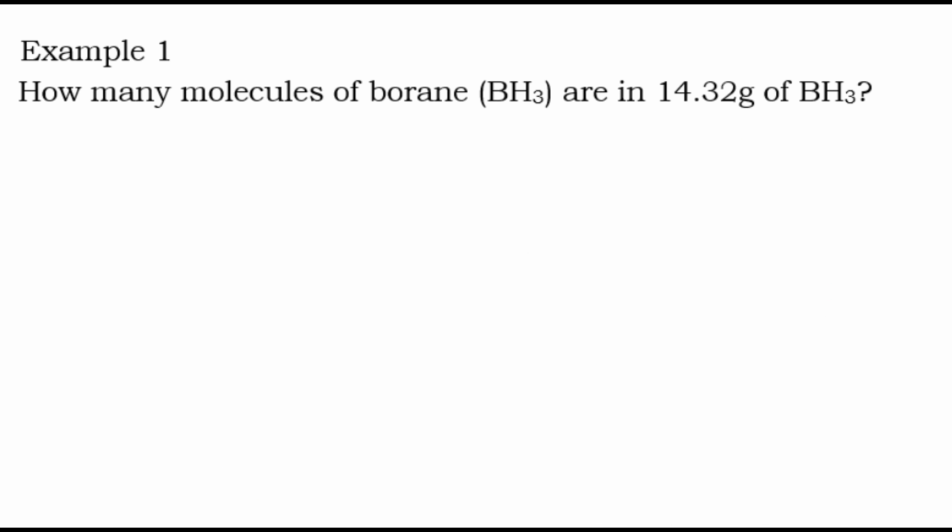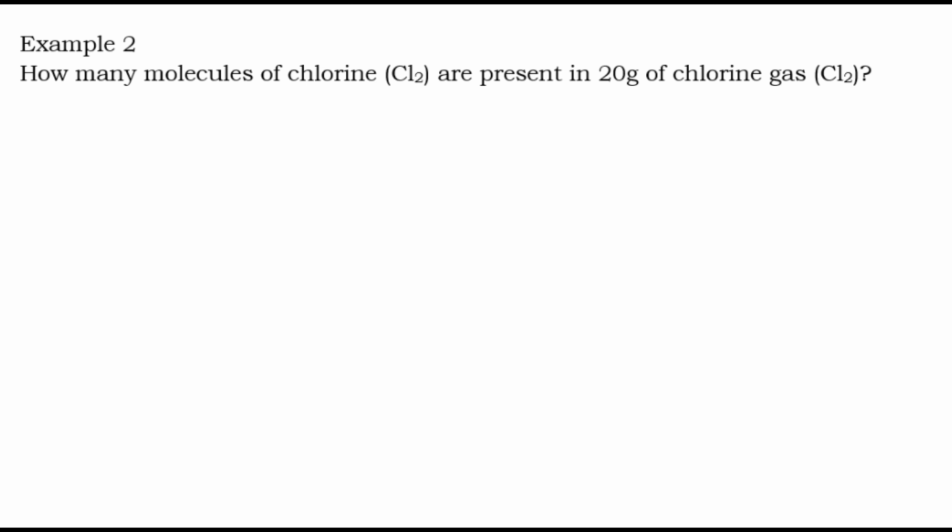Now, let's look at example number 2. Example number 2 reads, how many molecules of chlorine, Cl2, are present in 20 grams of chlorine gas, Cl2? What's the first thing we do?